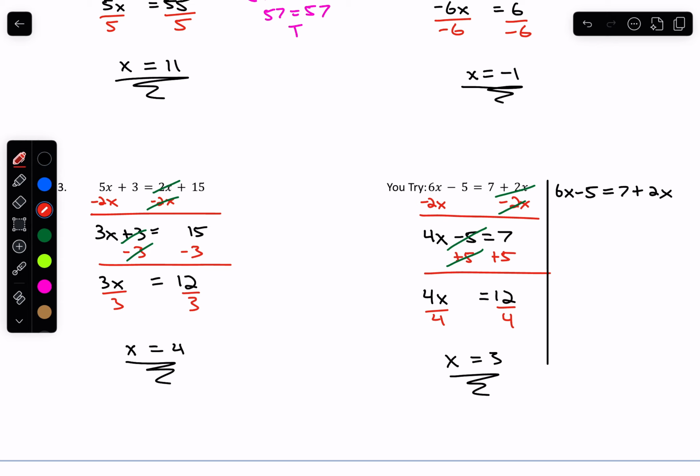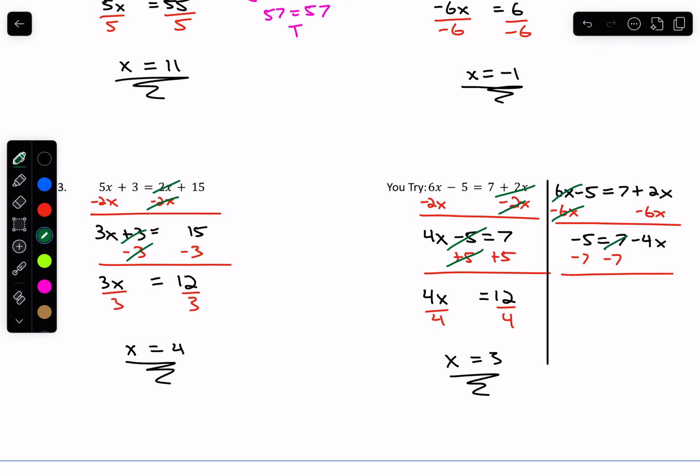So if I follow all the same steps, but I do them the other direction, so if I subtract 6x from both sides, instead of subtracting 2x, that'll move all the x's to the right side. So I'll get negative 5 is equal to 7 minus 4x, where these 6x's canceled. Then I'll move the 7 to the left by subtracting 7 from both sides.